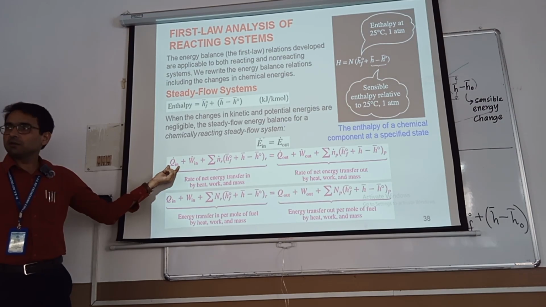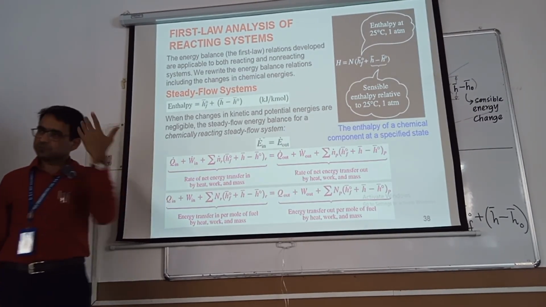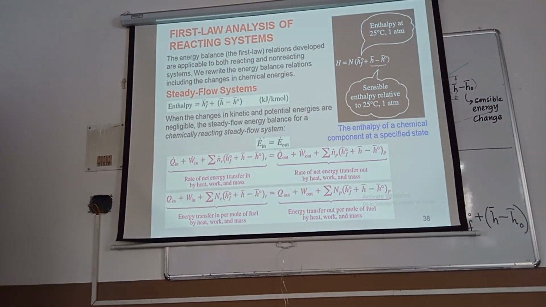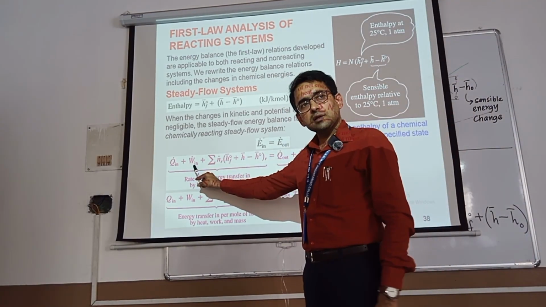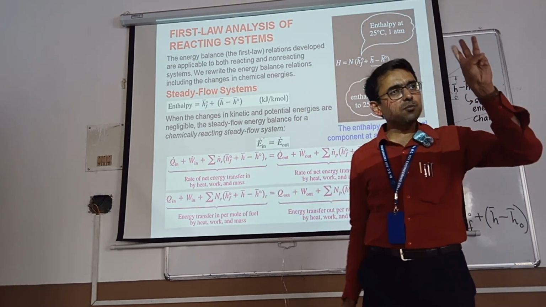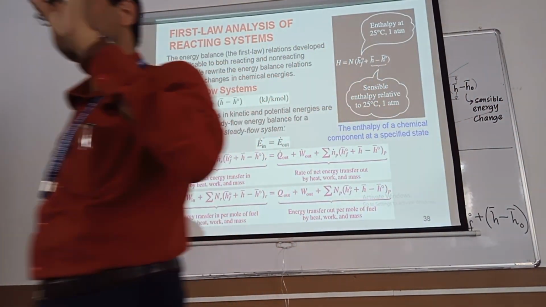So Q in plus W in. For example, this is the control volume in which some energy is supplied in the form of heat, some energy is supplied in the form of work. There are three modes in which energy can be transferred into a system.